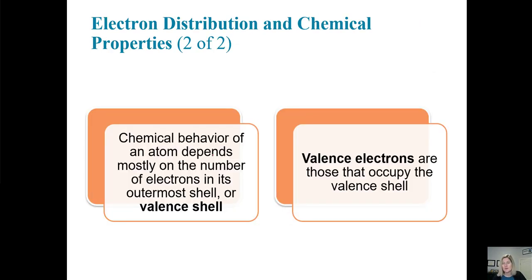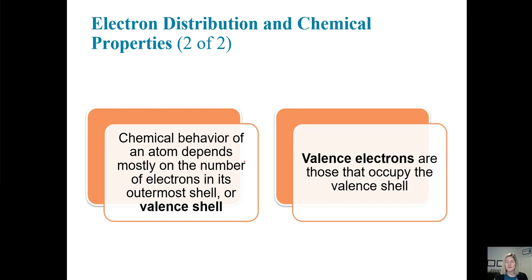So the chemical behavior of an atom depends mostly on the number of electrons in its outermost shell. Sodium has just 1 electron in its outermost shell, or valence shell. Valence electrons are those that occupy that valence shell.